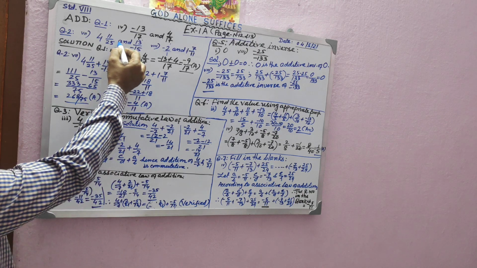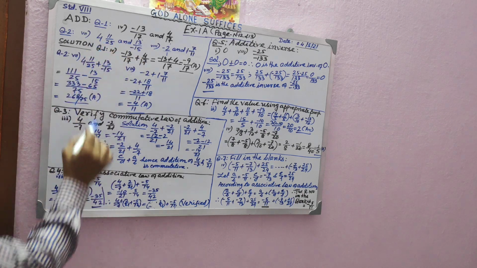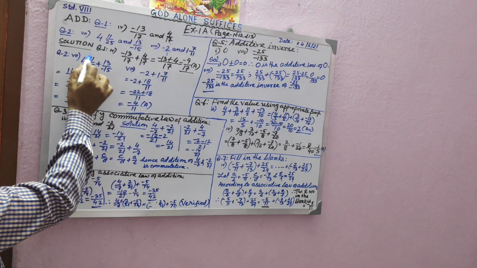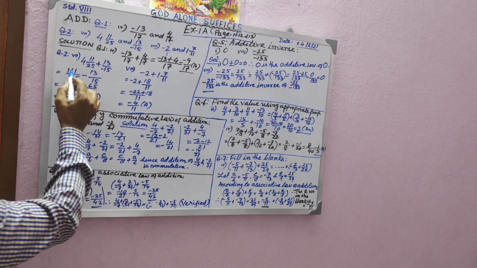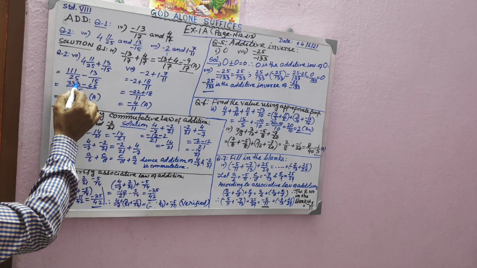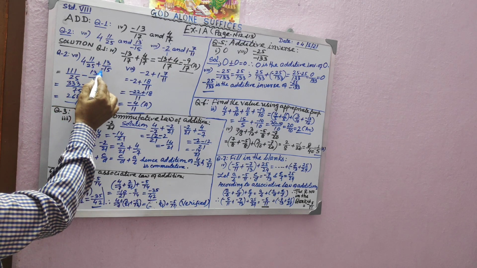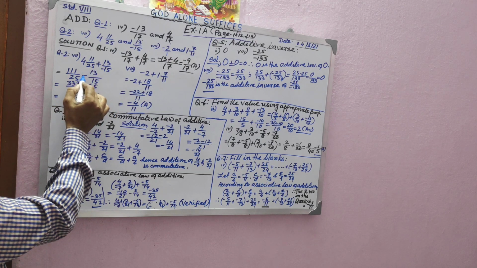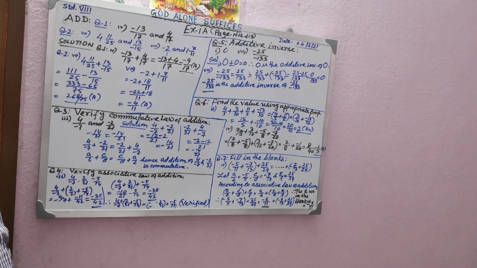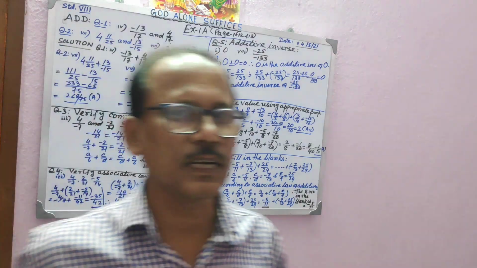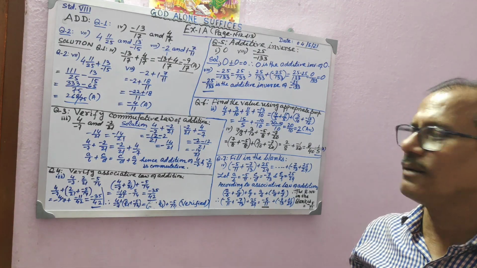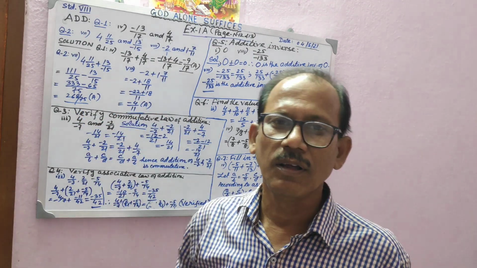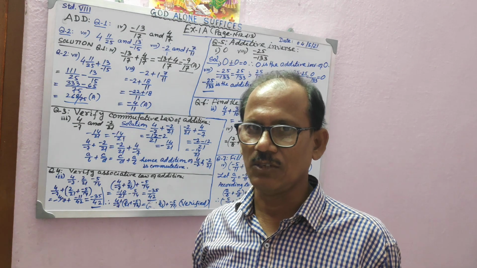Now moving on to question number 2, the seventh one. See, here first you convert the mixed number into an improper fraction, which is 111 by 25. This minus becomes minus plus minus, so 13 by 15. If either the numerator or the denominator is minus, then it will carry the minus sign, as I said to you yesterday.